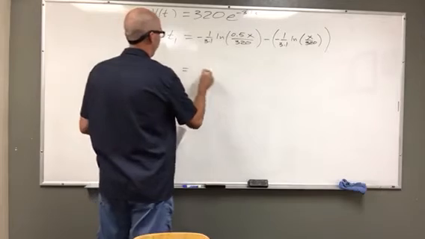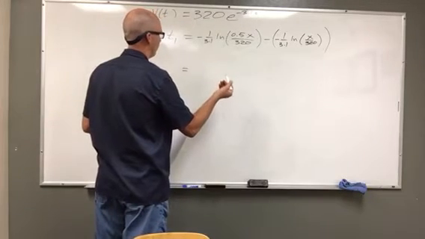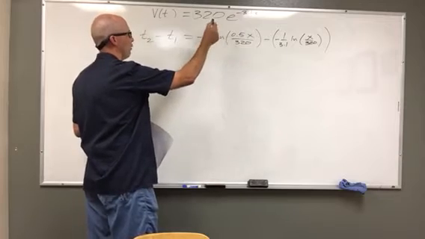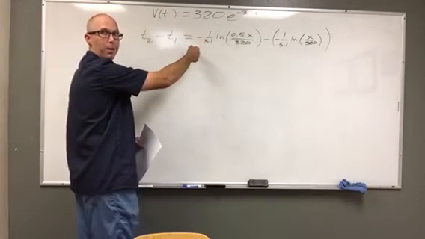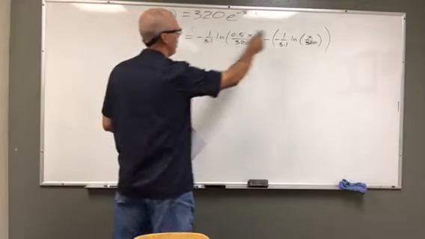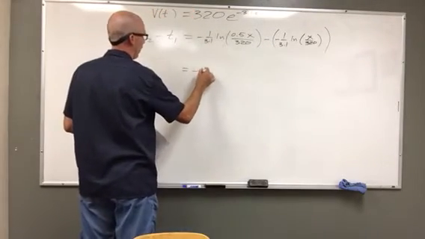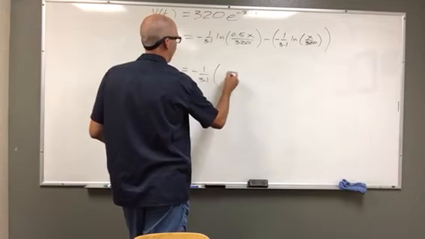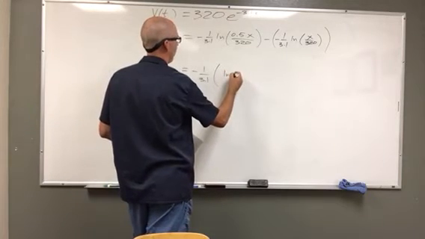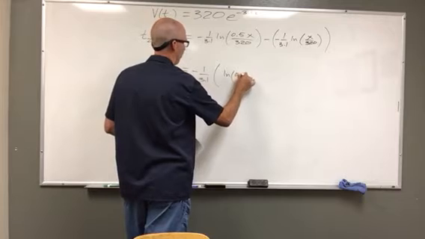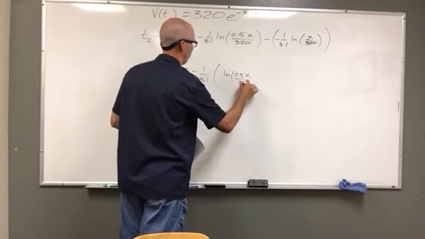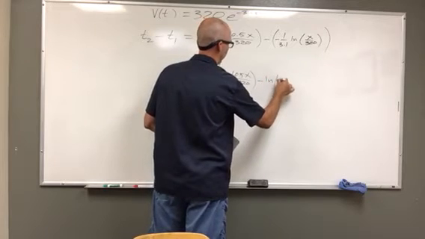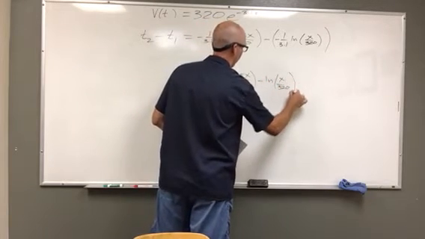So first of all, notice that we have a negative 1 over 3.1 in common to both pieces here. So let's factor that out: ln 0.5x over 320 minus ln x over 320.